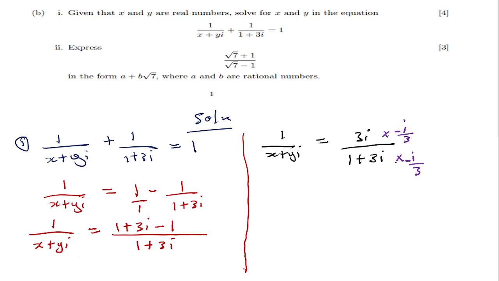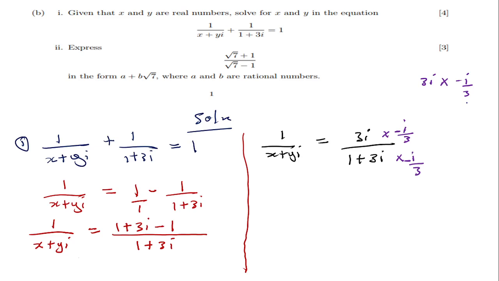So I'm going to multiply everything by -i over 3, because I know 3i times -i over 3 is the same as 3i squared times -1 over 3.